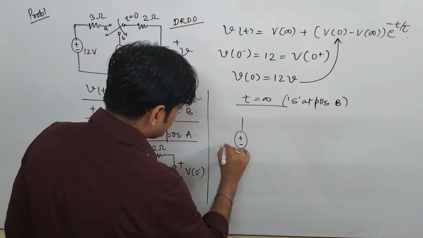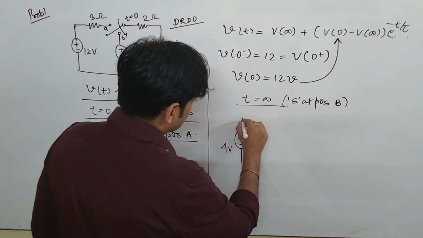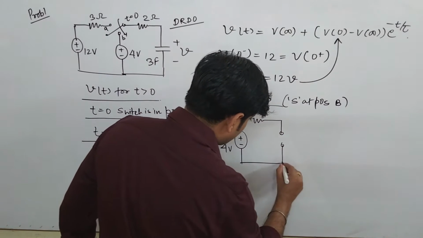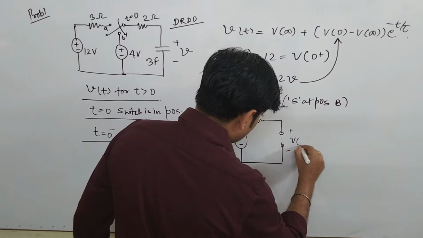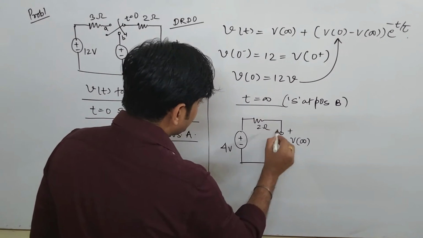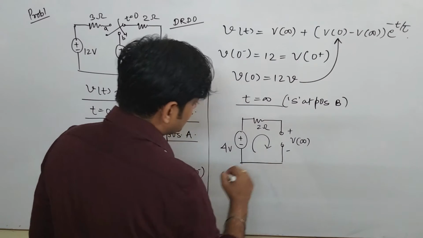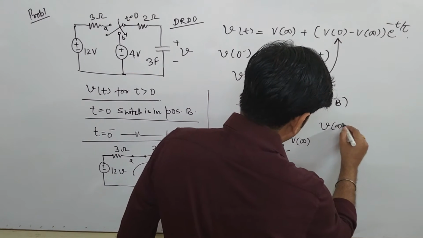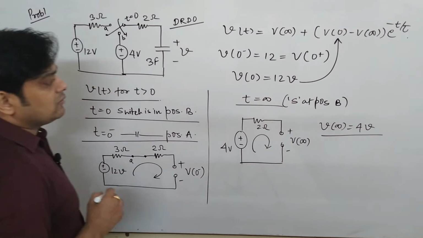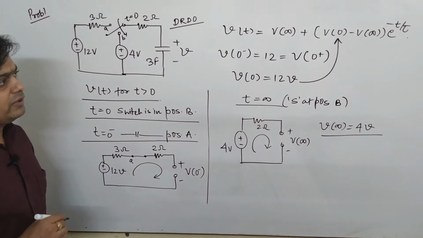This is plus minus, again it is 4 volt, this is 2 ohm. Now again at t equal to infinite, as I said, the capacitor behaves like an open circuit with voltage of V infinite, and if you apply KVL once again, the value of V infinite directly comes to be 4 volt. So you have found the value of V infinite, and you have found the value of V0.